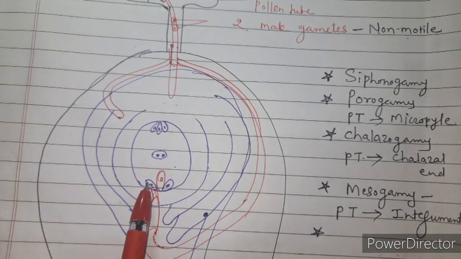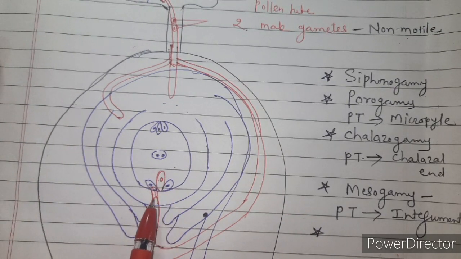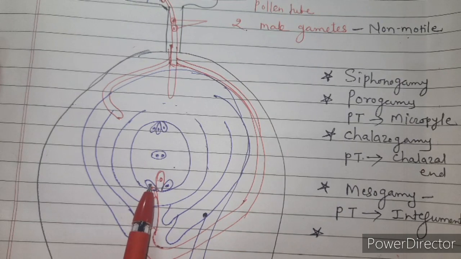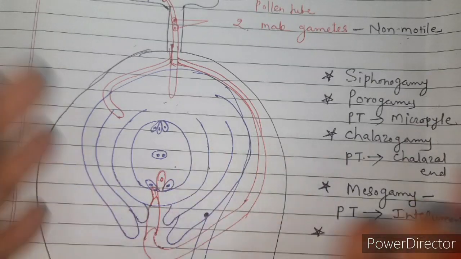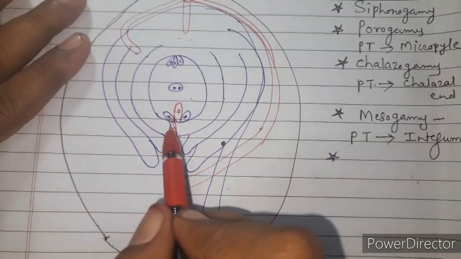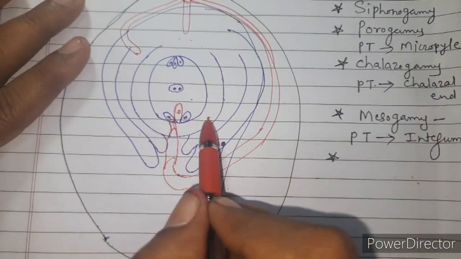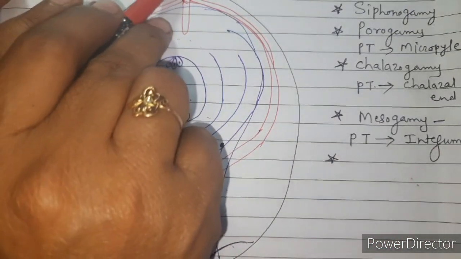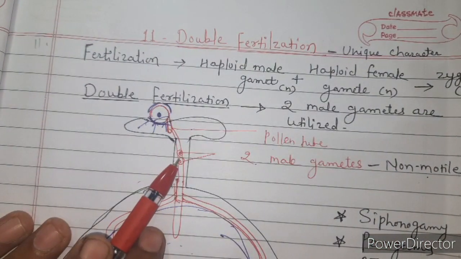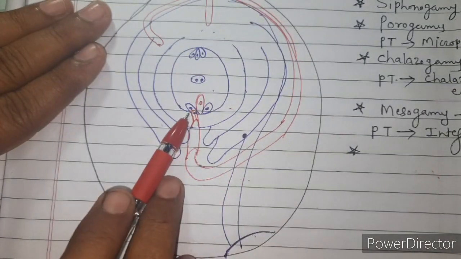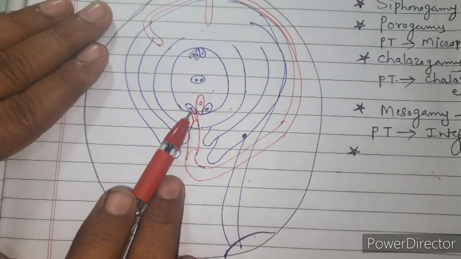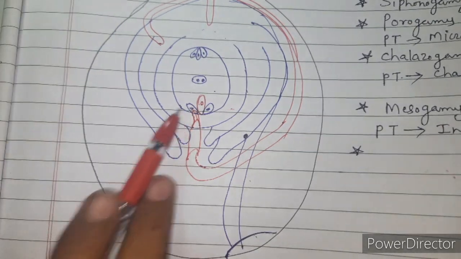You know that two synergid cells are there. In any one synergid cell, the pollen tube pierces and the tip of the pollen tube bursts open, ruptures. These are the two male gametes which are carried via the pollen tube. These male gametes are released in the synergid.